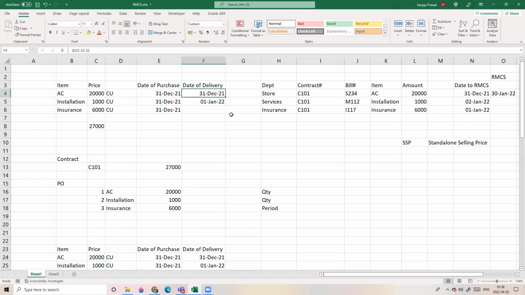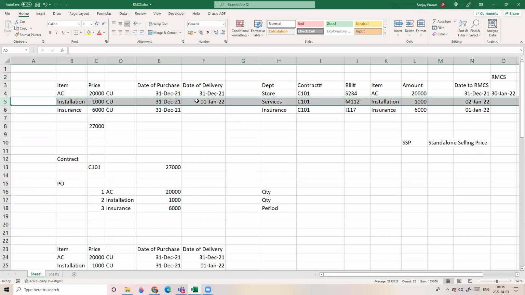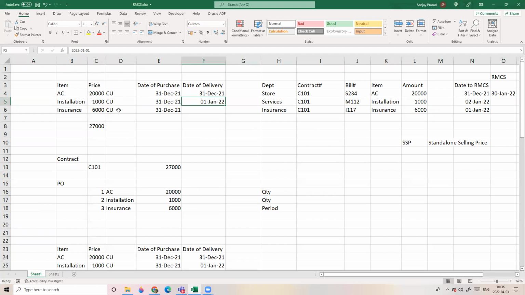On 31st December 21, the installation was not complete, so we should not be recognizing the revenue for the installation. It should be recognized when the installation is completed, that is January 1st, 22. To put it in summary, as and when the performance obligation is satisfied, that much revenue should be recognized.